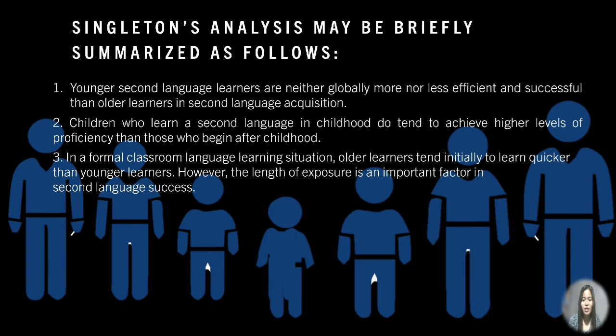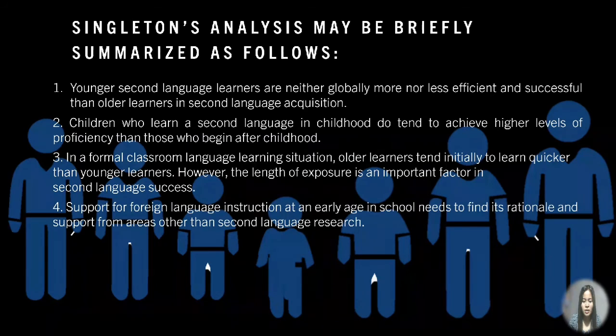So those children who begin to learn a second language in the elementary school and continue throughout schooling tend to show higher proficiency than those who start to learn the second language later in their schooling. So in absolute rather than comparative terms, this still includes the possibility of late learners becoming highly proficient, particularly when they are highly motivated.